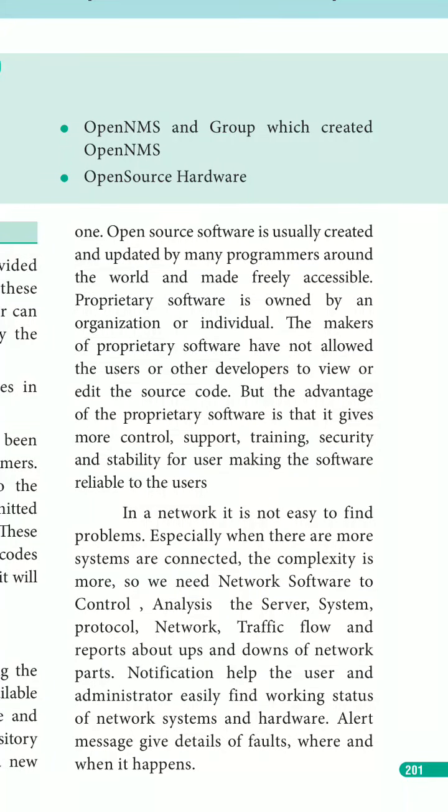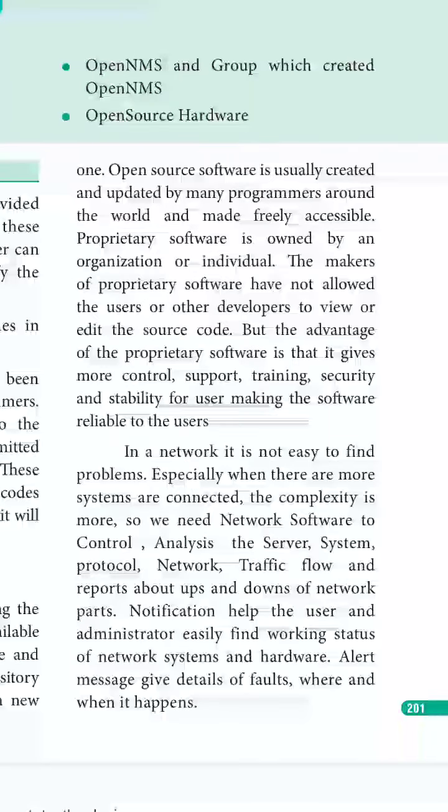The user of proprietary software is not allowed to make any changes in the source code. It allows the user only to use the software. But the advantage of proprietary software is that it gives more control, support, training, security, and stability for the user, making the software reliable.